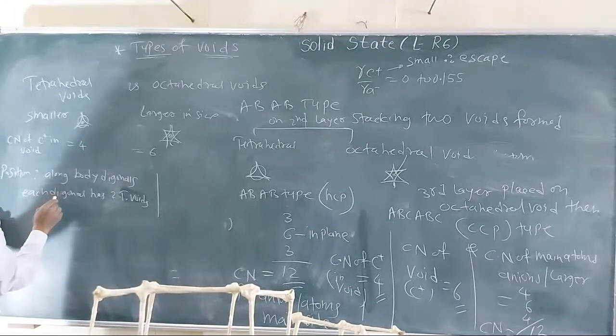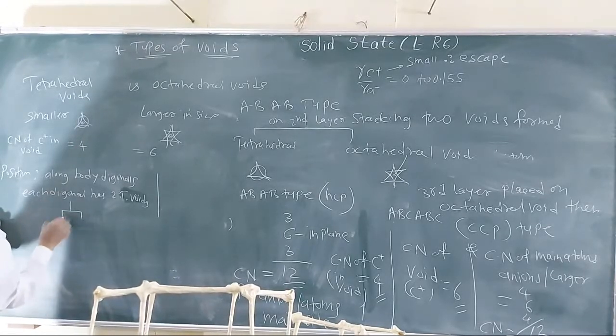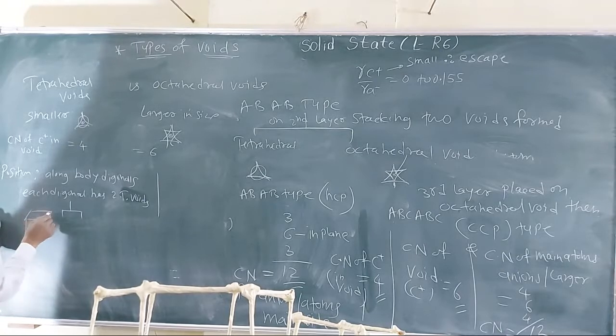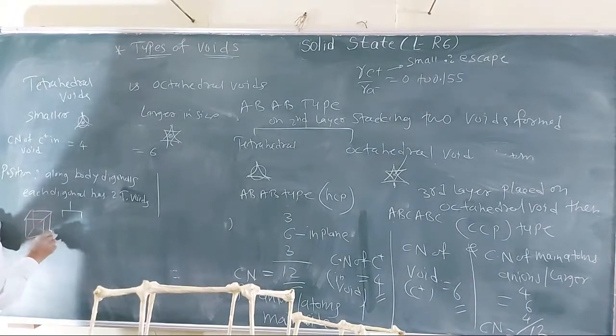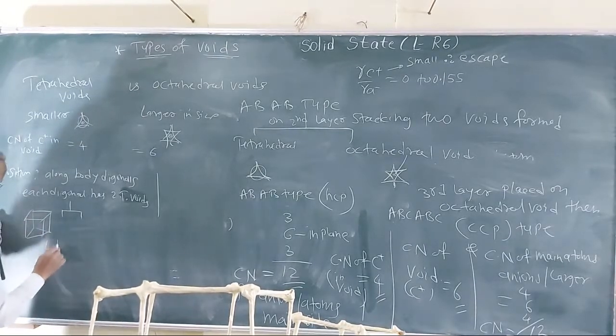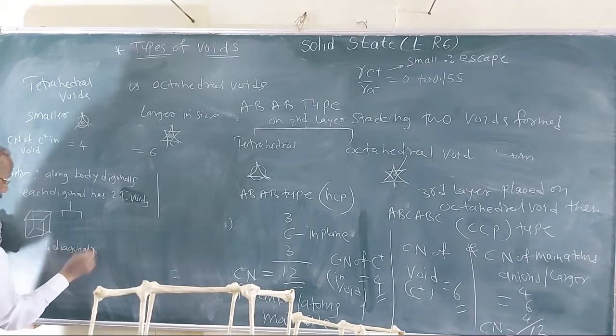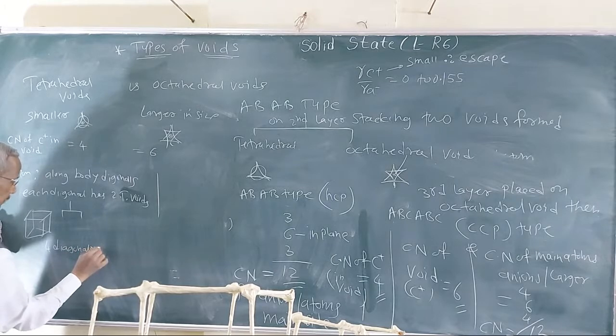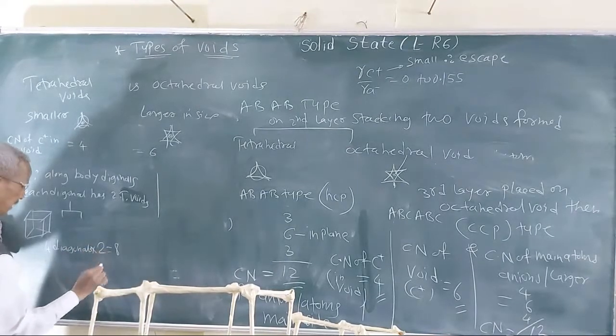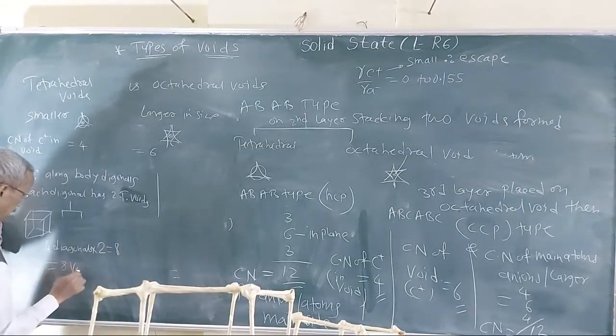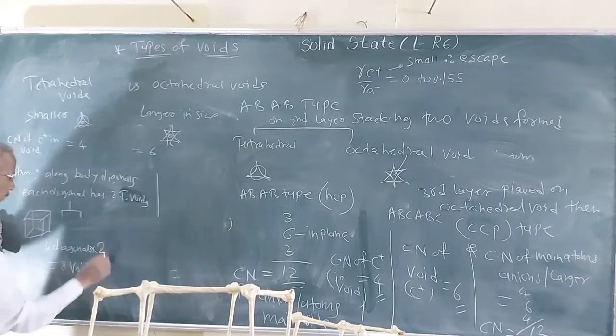So here, if you consider the cube, then there are 4 diagonals, into 2, equal to 8 voids are there, equal to 8 voids.